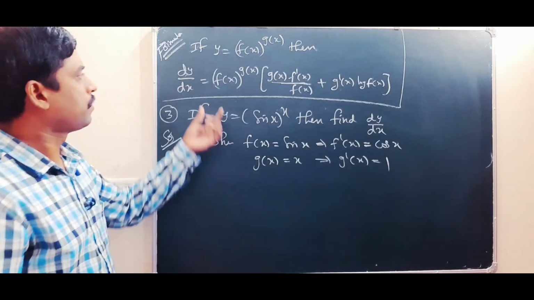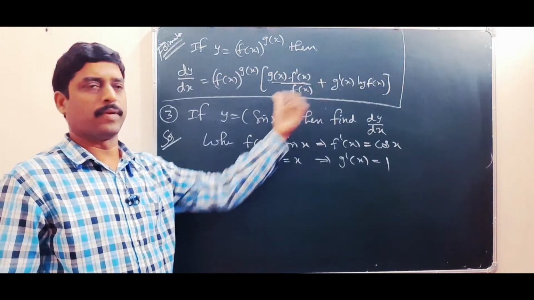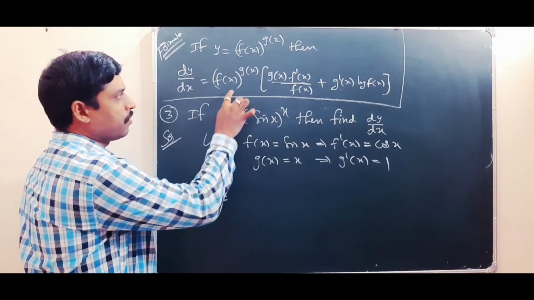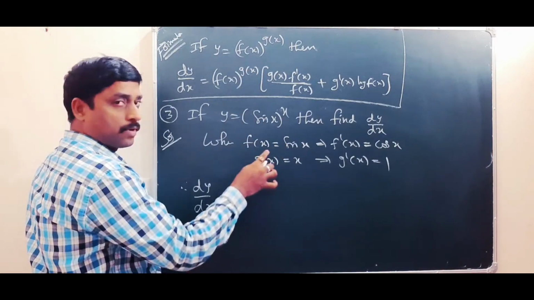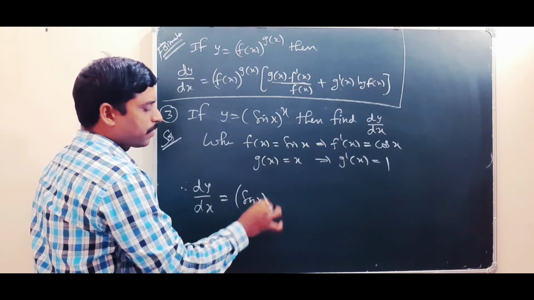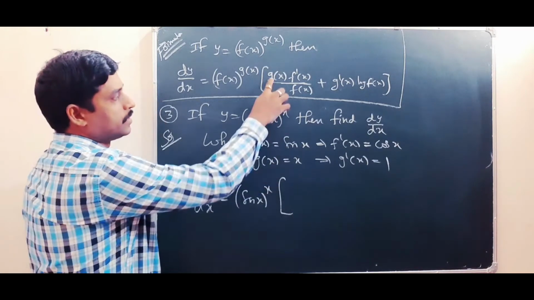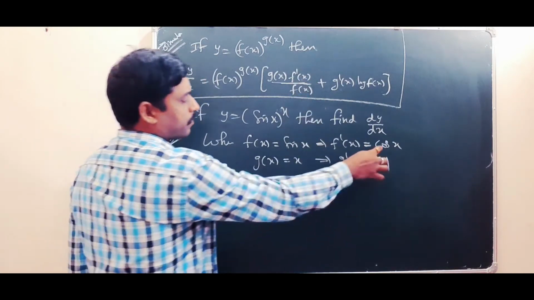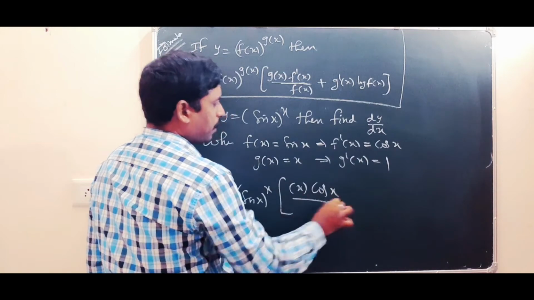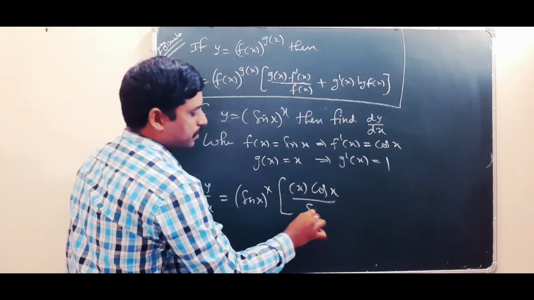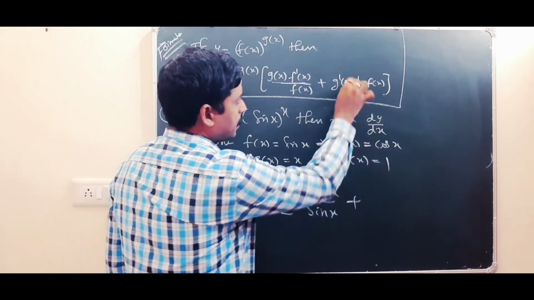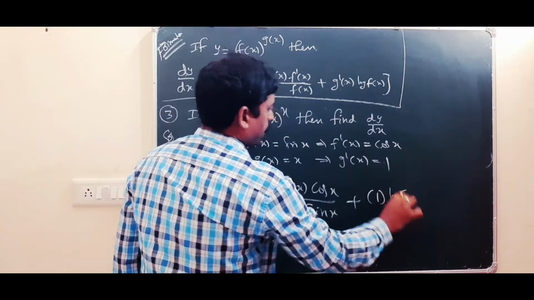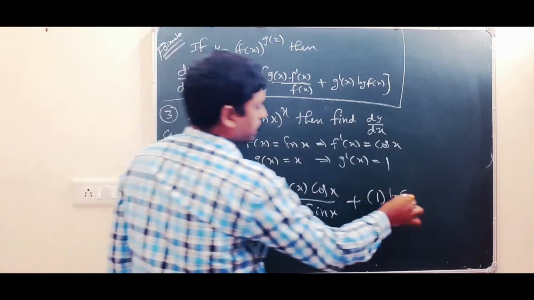Okay, so what is the formula? f of x power g of x into this value. Therefore dy by dx is equal to f of x power g of x. So f of x value sin x power g of x value x into g of x value x into f dash x value we have cos x by f of x value sin x plus g dash x value we got 1 log of f of x value right sin x.